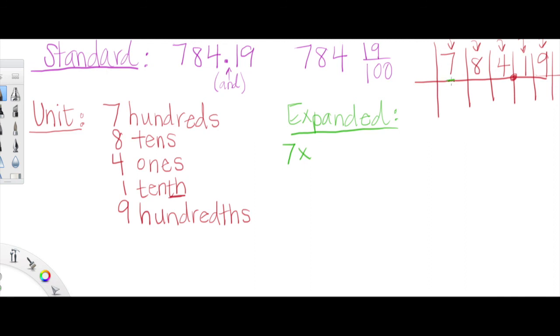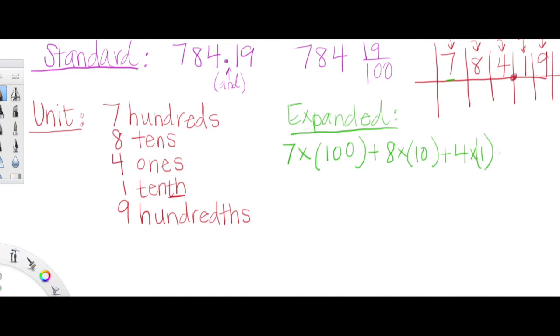So we have 7 copies of 100. We have 7 in our hundreds place value. And we have 8 copies of 10 because there's an 8 in our tens place value. But wait, there's more. We have 4 copies of 1. Oops, I forgot my parentheses.